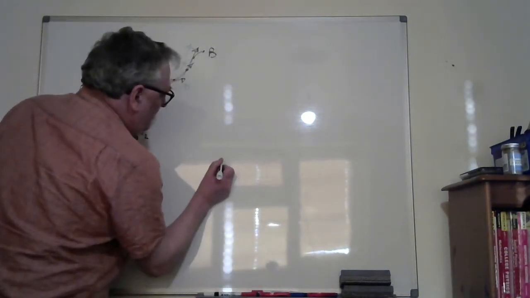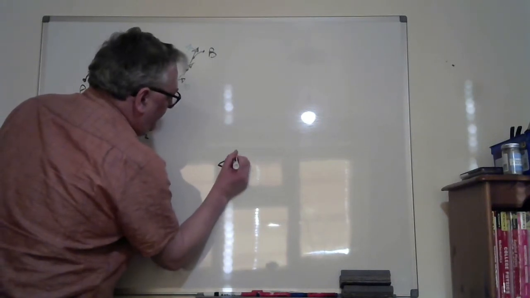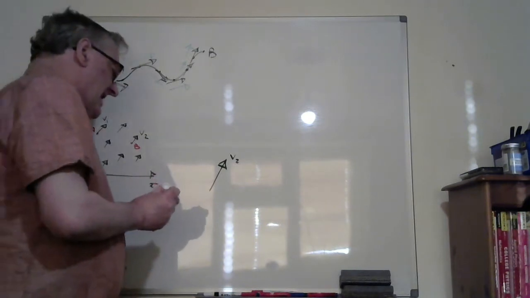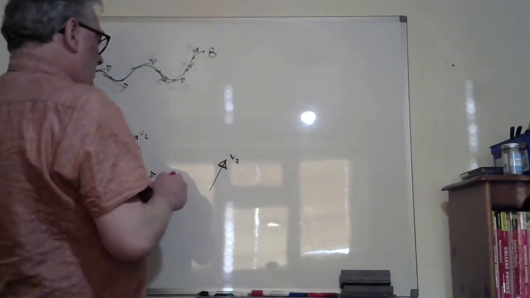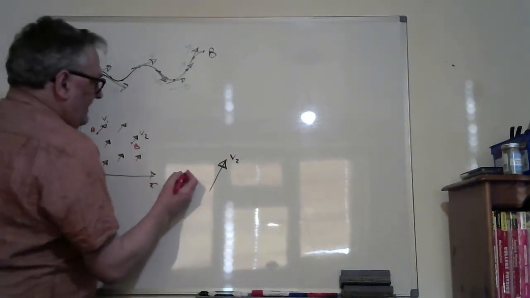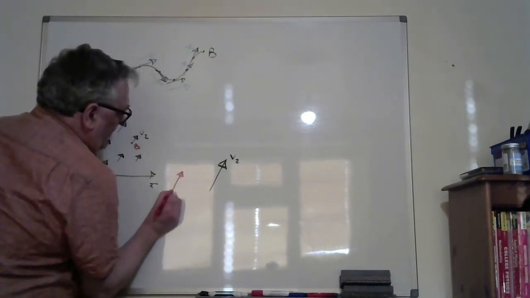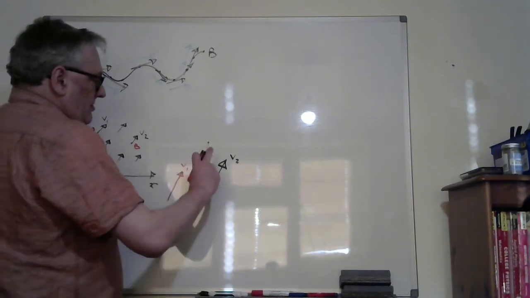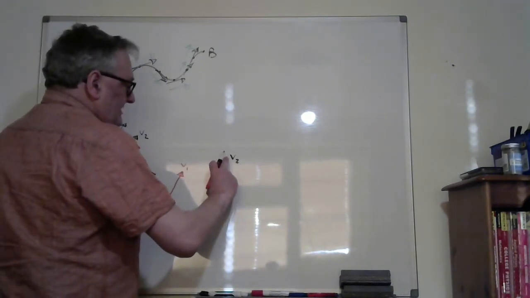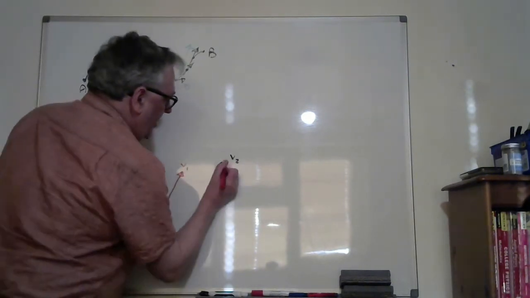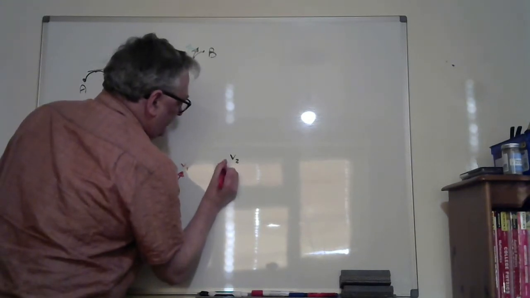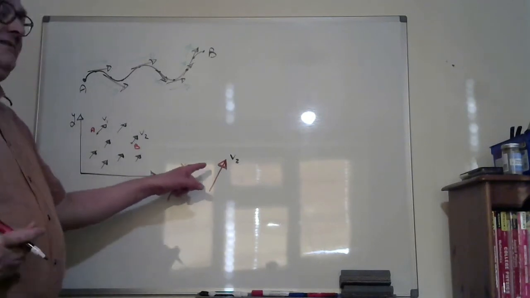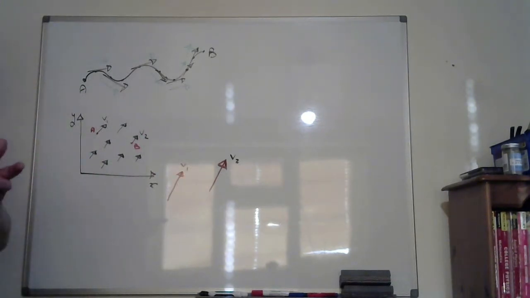So if we write down velocity vector v2 there, then we move velocity vector v1, I'll write it here again, so that it sits exactly over velocity vector v2. Now that is a very basic example of parallel transport.